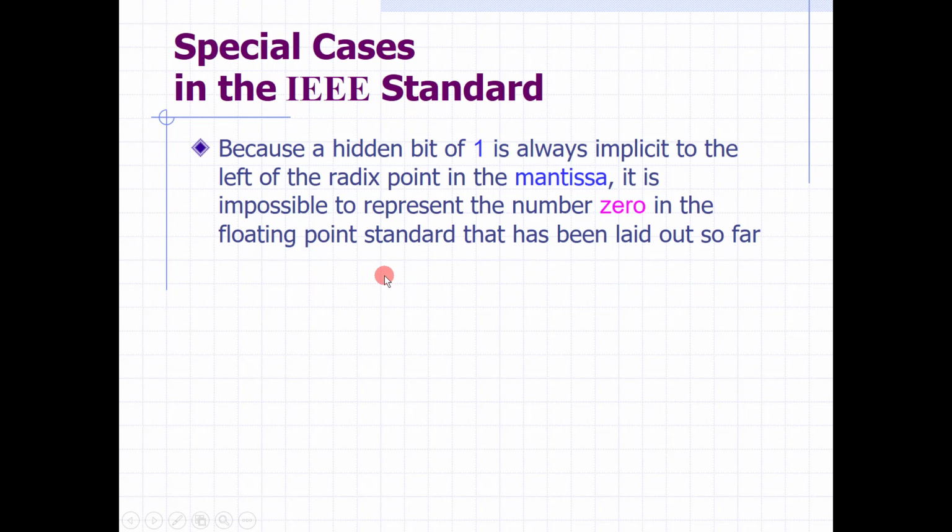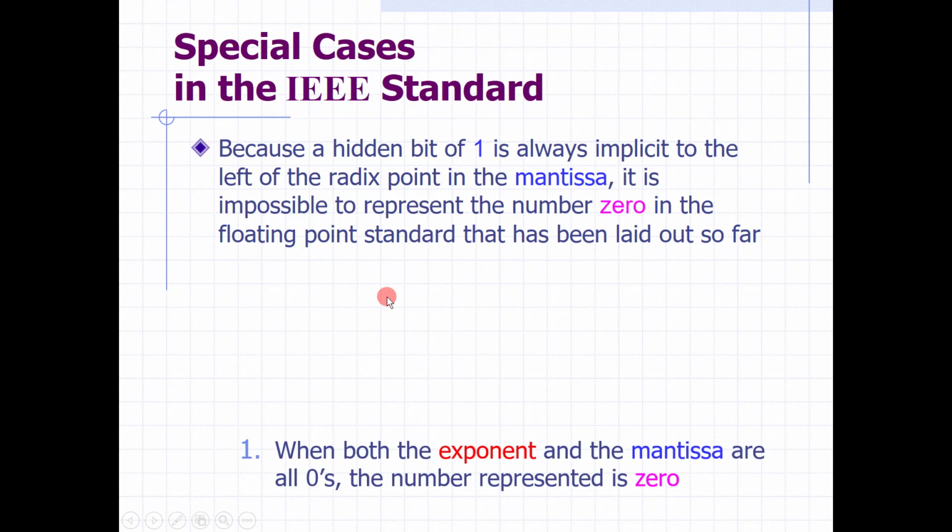In normalized form, we always have 1 point something. But that gets us into trouble, because what would you do with the number 0? When you have the number 0, how do you ever make that as 1 point anything? So the number 0 is one of the special cases that we need to be aware of.